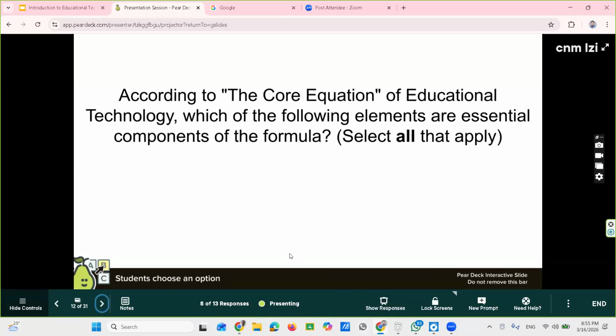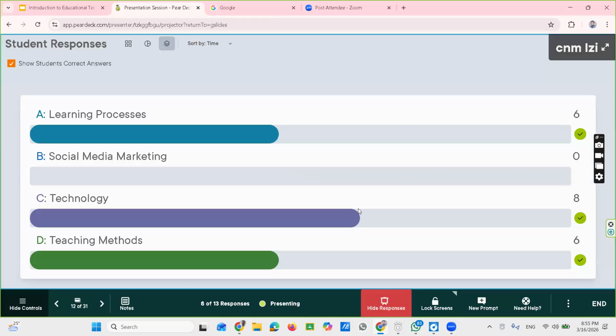Now try to answer this question. I think this one is completed, no? No, still not completed. 8 of you are giving the answers. Discuss it. Yes.